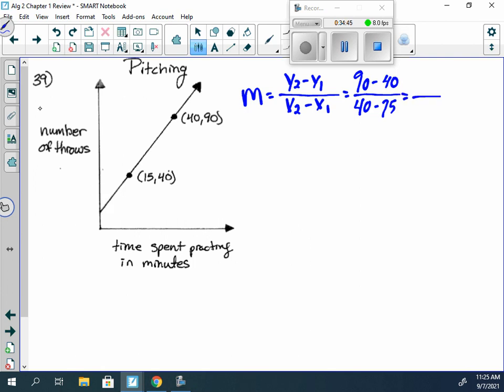Since we chose 90 to go first, its x value has to go first also. Now, we could type this into a calculator at this point, or we can do it by hand. 90 minus 40 is 50. 40 minus 15 is 25, so the slope is 2.